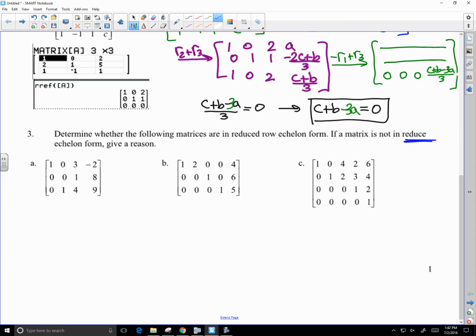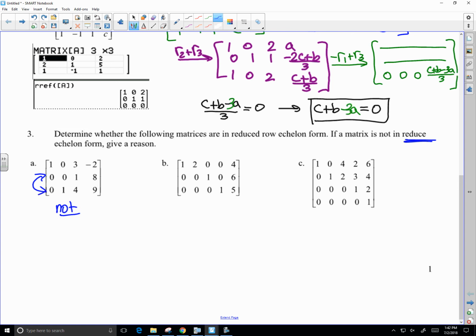Reduced echelon. So for these, we're just making a determination of whether they're in row reduced form. Some cases are easier than others. In the first case, we're looking at R2 and R3 being out of whack. So not.